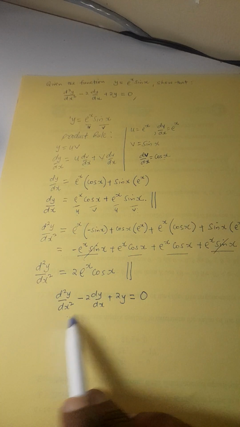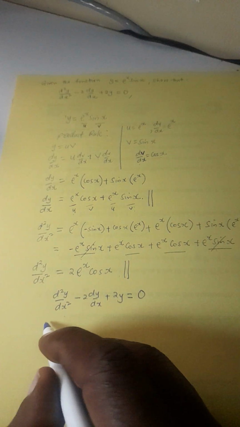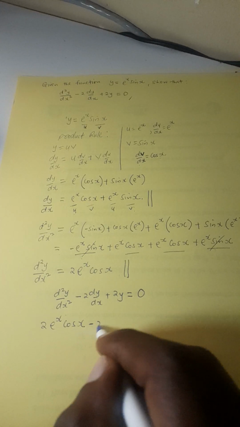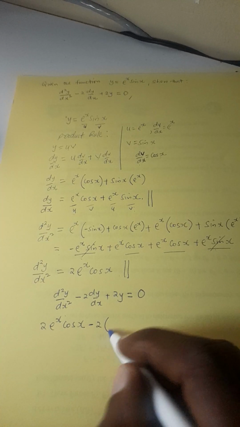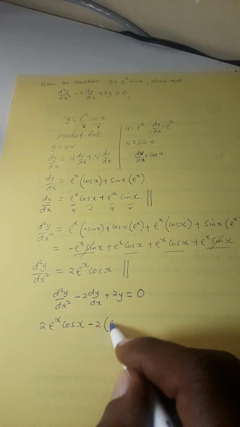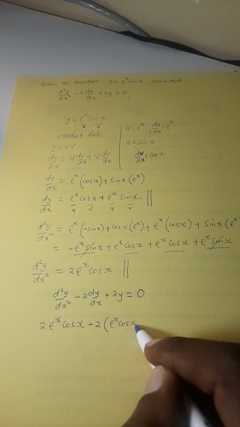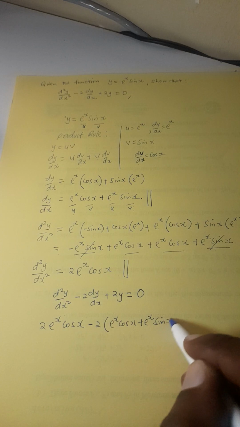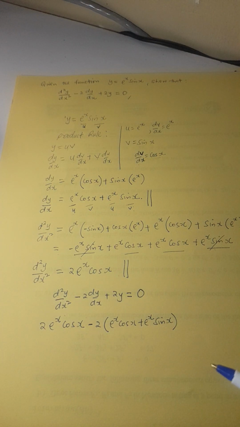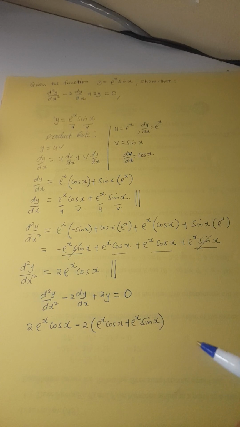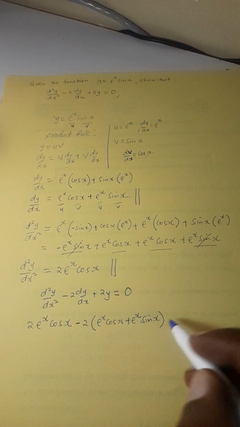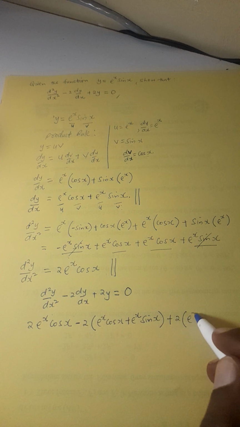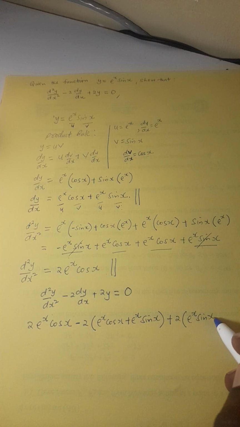The second derivative, this one, so we replace 2 e^x cos x, minus 2 into the first derivative, this one, e^x cos x plus e^x sin x. Then the last part, plus 2y, it will be plus 2 into y, which was e raised to x sin x.